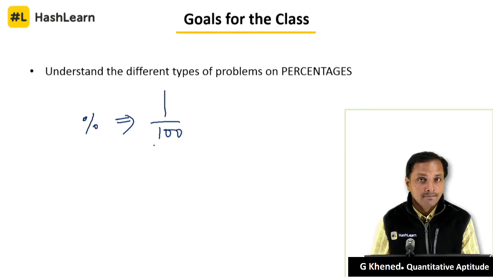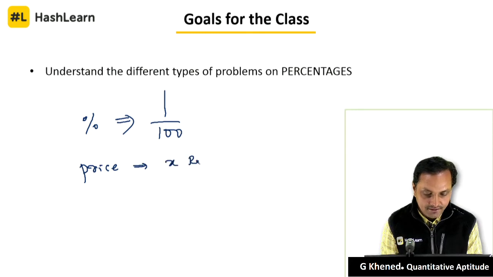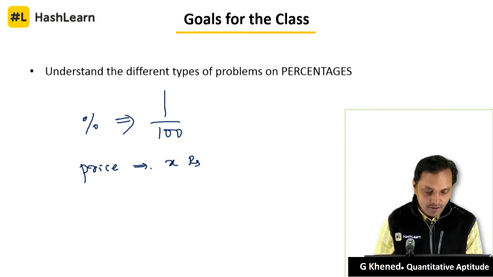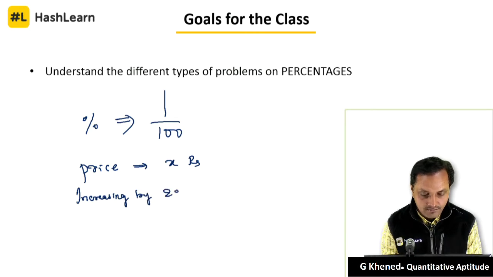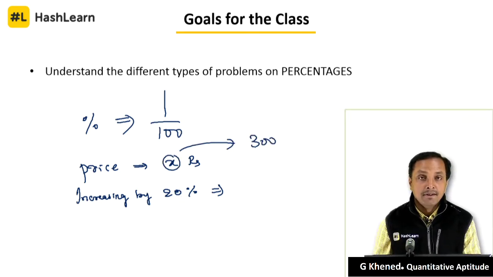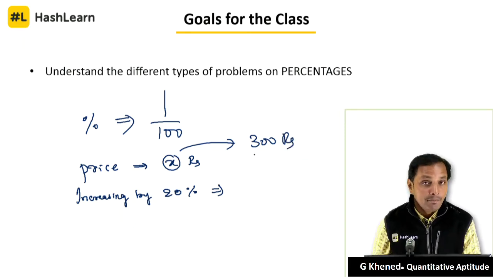Suppose if they say the price was x rupees, we say the price is increasing by 20%. What is happening? Instead of x rupees, I will take it as 300 rupees. It is increasing by 20%.